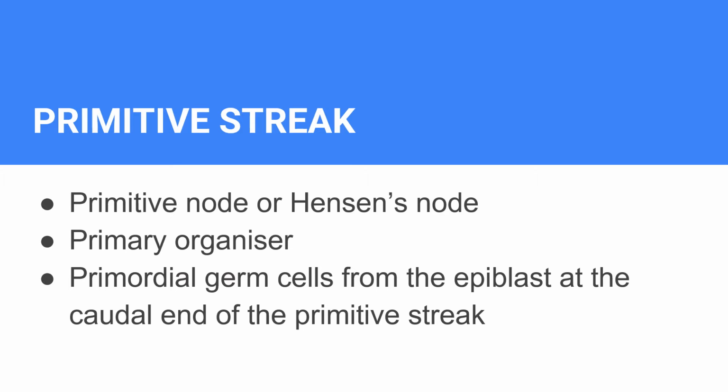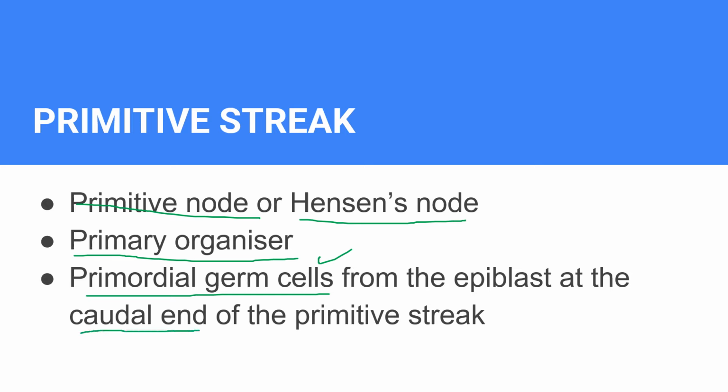The cephalic end of the primitive streak is called Hensen's node, and we have already seen this is the primary organizer. What about the primordial germ cells, which we have seen in the spermatogenesis and oogenesis classes? From which part of the primitive streak do they appear? They appear from the caudal end of the primitive streak.